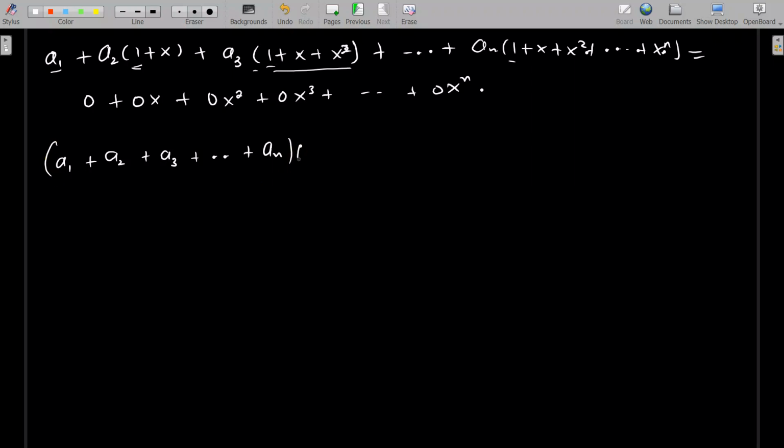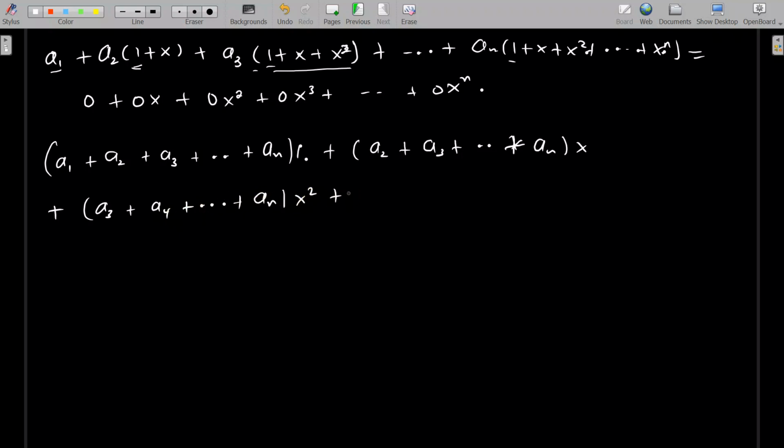Okay, because they will have multiplying 1, and then plus a sub 2 plus a3 plus all the way to plus an times x. And if you look at it very carefully, you reduce one variable after each step.